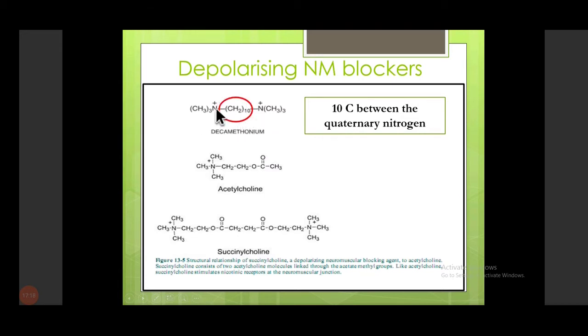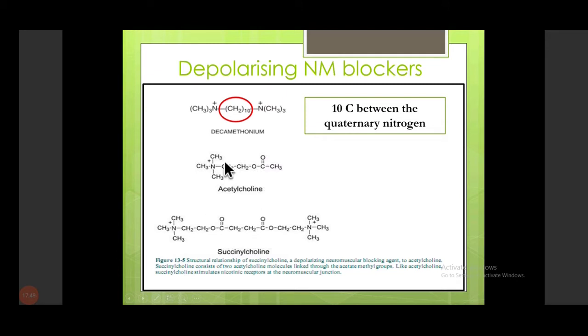The more the number of carbons between the two quaternary nitrogens, the more is the potency. The more strongly it binds with the receptor site, the more chances of side effect profile. Hence, decamethonium is not used nowadays, but for historical importance and to understand the structure, we have mentioned it in our slide.